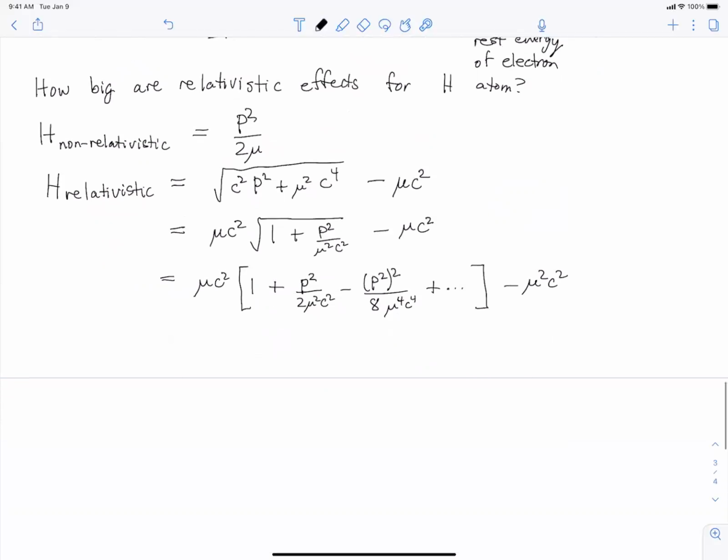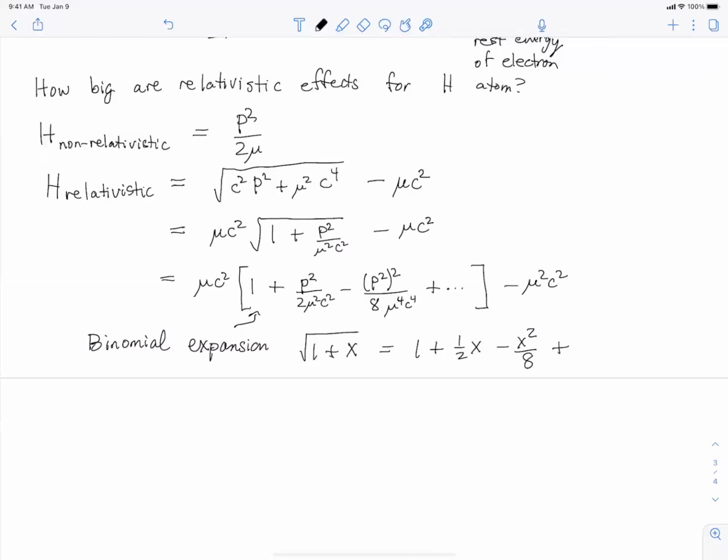And so really what I've done here is I've used the binomial expansion, which says square root of 1 plus x for small x is 1 plus 1/2 x minus x squared over 8. And because we're expanding in a small number, we're not going to worry about what comes next. But of course, the binomial expansion goes on forever.